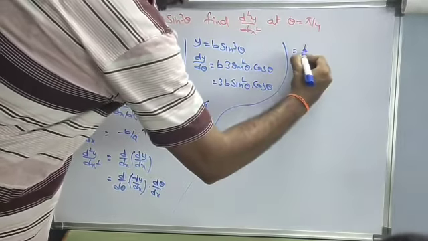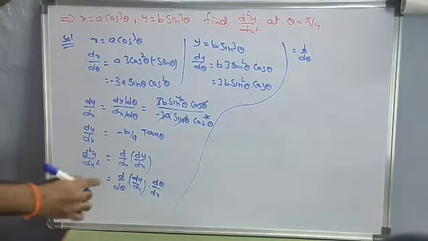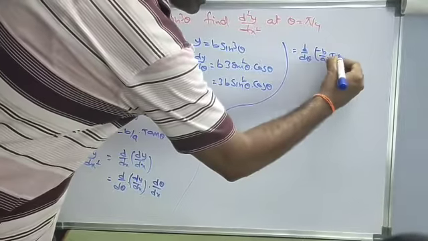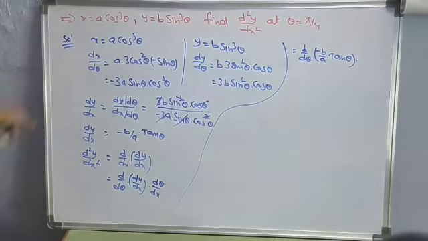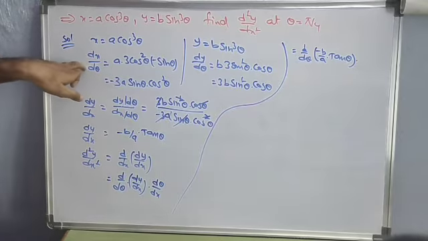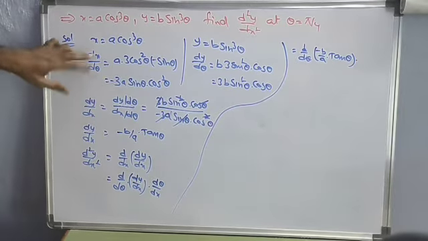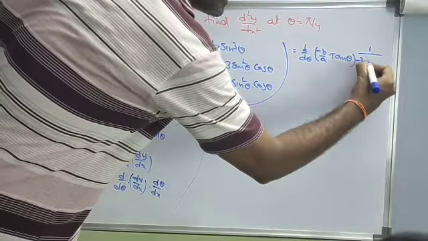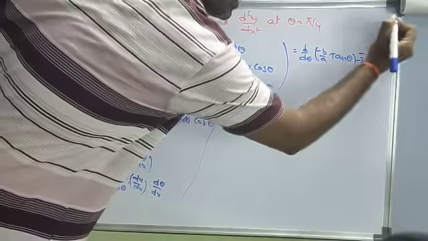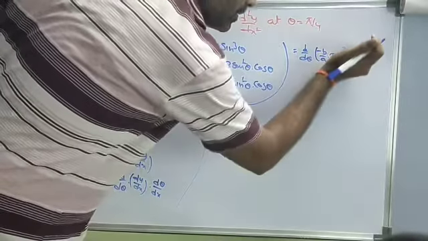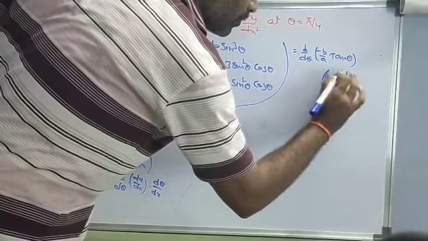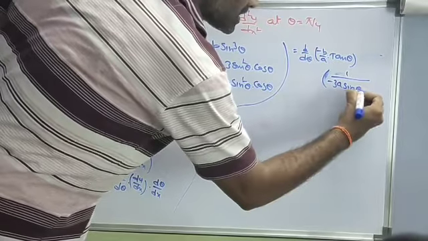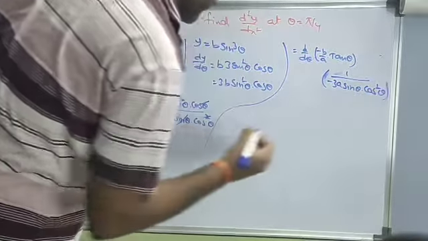So here I am taking d by d theta of dy by dx, which is minus b by a into tan theta. dx by d theta, already we know. d theta by dx means the reverse value, 1 by minus 3a into sin theta into cos square theta.